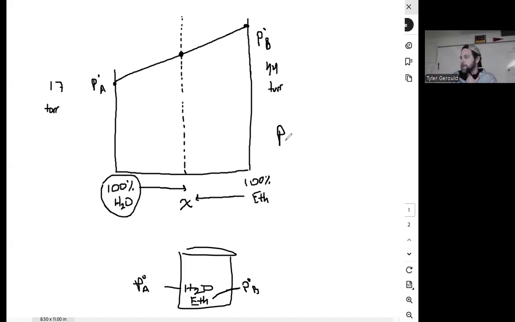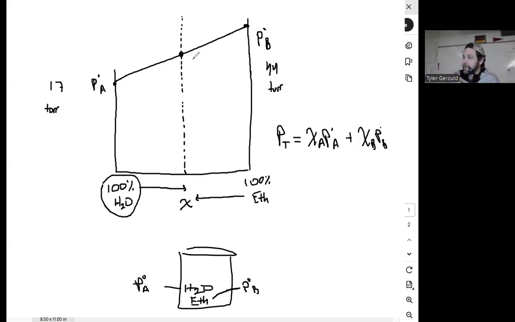So the total pressure of the solution is based off of the mole fraction of water times its pure pressure, and that gives you the vapor pressure of just water, and then the mole fraction of ethanol times the pure pressure of ethanol, and that gives you the vapor pressure of just ethanol. You do those calculations separately and you just add them together. And it turns out it's right in between when it's a 50-50 solution.